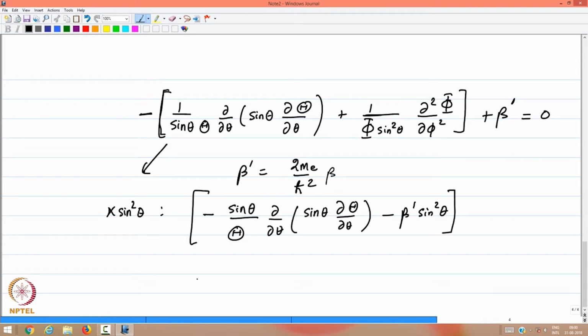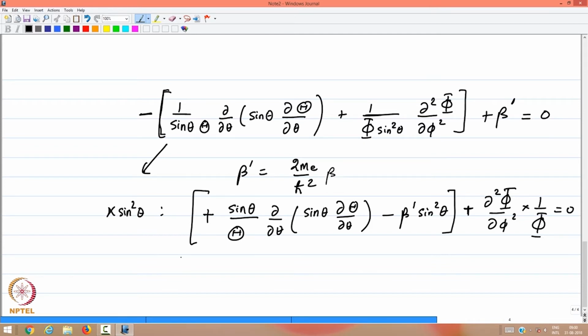All of this depends only on theta, and since we multiplied by sin squared theta, the remaining term is essentially minus dou squared capital phi by dou phi squared times 1 by capital phi. If we do the minus sign, I think we should remove that and put this as plus, because then we have changed the sign of this whole term. So, this is equal to 0.